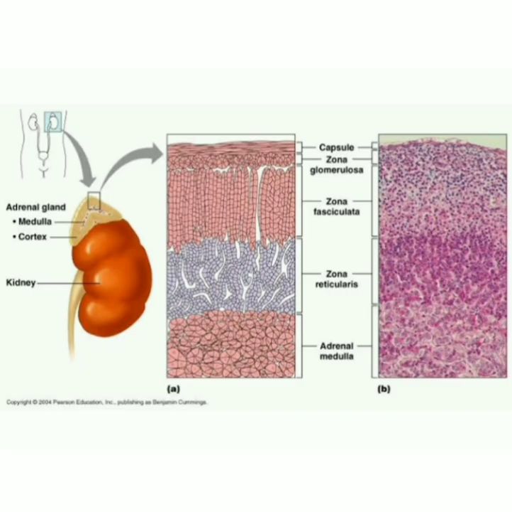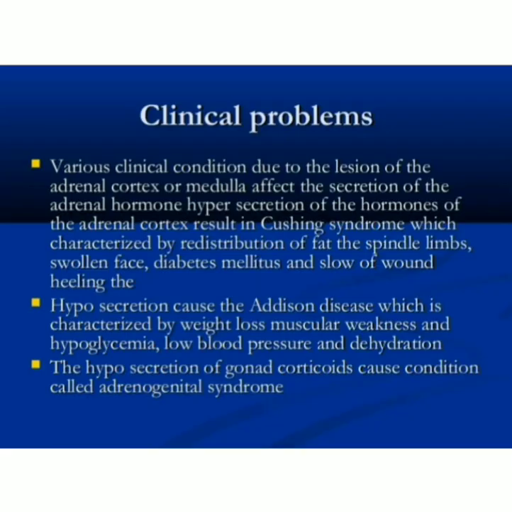Next are the clinical problems. Various clinical conditions occur due to lesions of the adrenal cortex or medulla, and they affect the secretion of adrenal hormone. Hypersecretion of the hormone of the adrenal cortex results in Cushing's syndrome, which is characterized by redistribution of fat, spindle limbs, a swollen face, diabetes mellitus and slowing of the wound healing process.